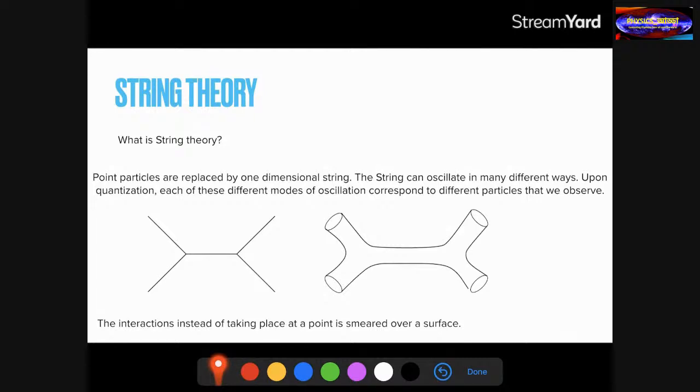The problem with general relativity breaking down at higher energy arose within the framework of quantum field theory, which was a framework for explaining interaction between point particles. If you replace them with strings, then the problem of gravity breaking down at higher energy does not arise.